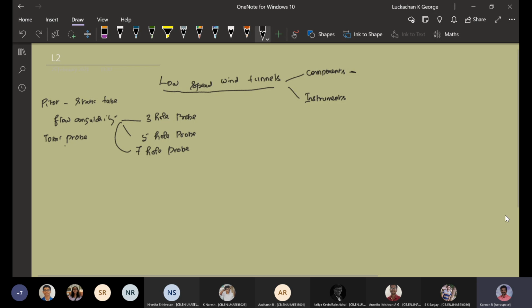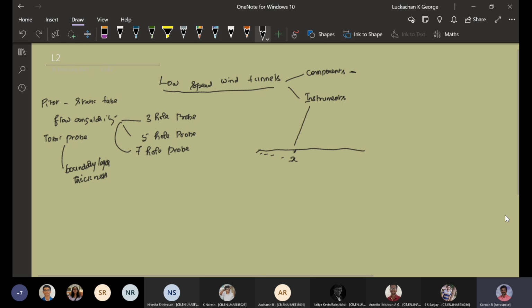What is the purpose of the total pressure probe? It's for boundary layer thickness measurement in the test section wall. How are we going to measure that? At a particular location on the wall, we keep a particular X location and vary the Y location.